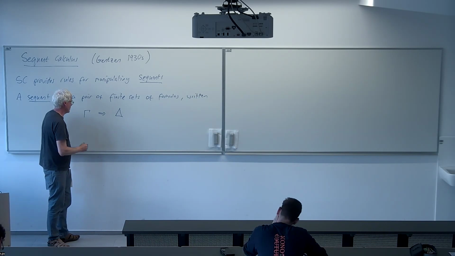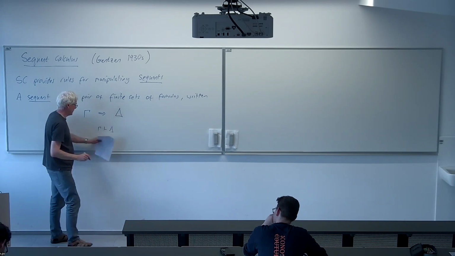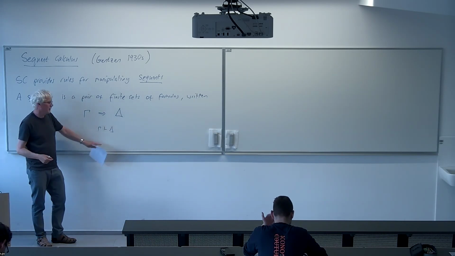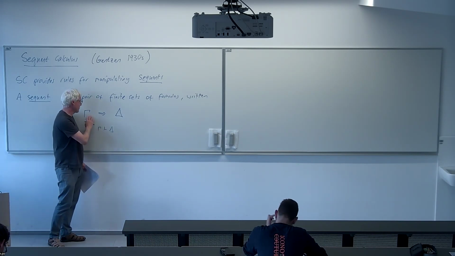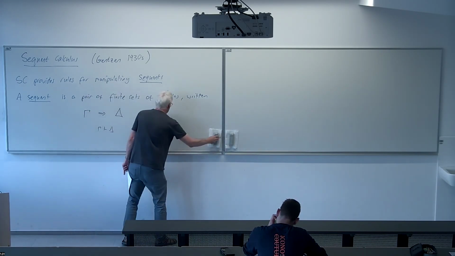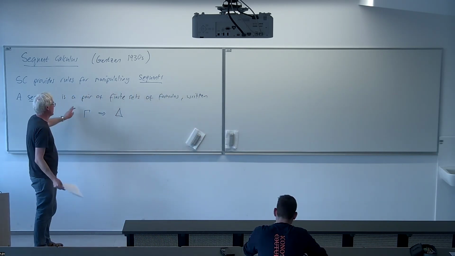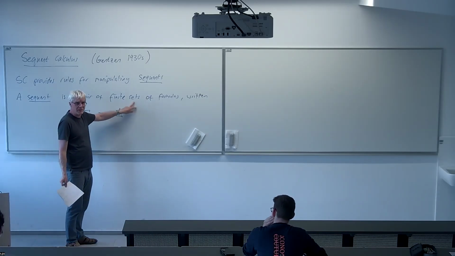In Gentzen's original system, he wrote that with the turnstile style, but we already have other meanings for the turnstile, so enough symbols are overloaded as it is. The point is, this is simply a syntactic construction, a construction of a pair. Another difference in Gentzen's original approach from the 1930s was that he did not consider finite sets of formulas, he considered finite sequences of formulas.